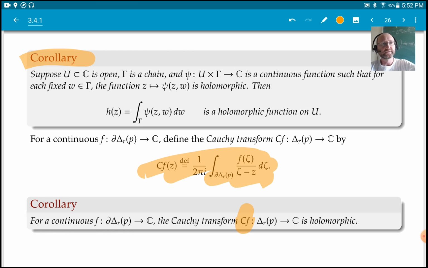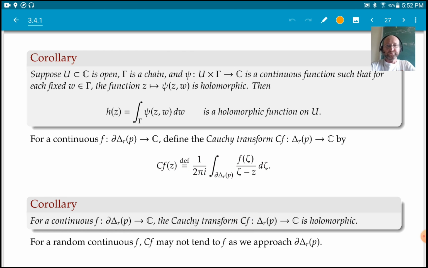All right. Now, if we're going to apply this, it seems like we can start with any continuous function on a circle and define a holomorphic function inside. You have to be a little careful, though. This Cauchy transform is defined for any continuous data on the boundary, but it's not necessarily going to be that f is the boundary values of Cf.